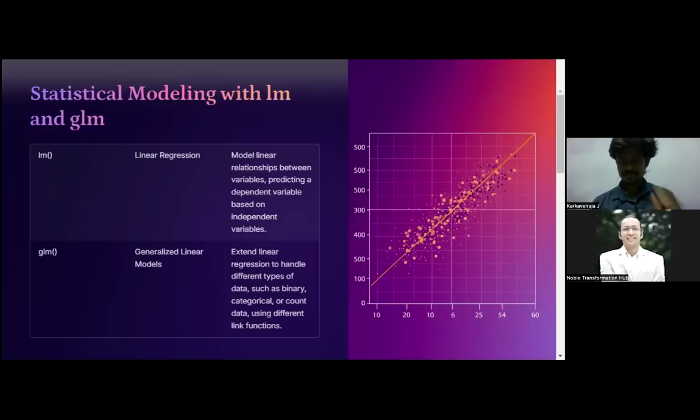So simply, linear regression here is used as LM, and the concept is the same. General linear models extend linear regression to handle different kinds of data such as binary, categorical, and count data, using different kinds of link functions. That is GLM. That's it. It's very simple. Let's move to the other sections.